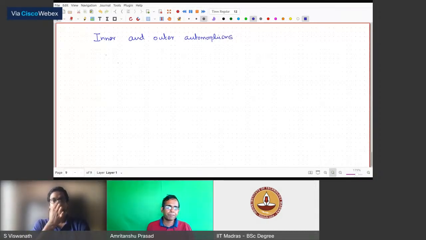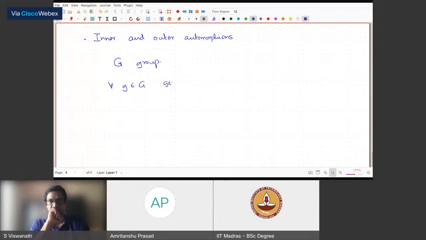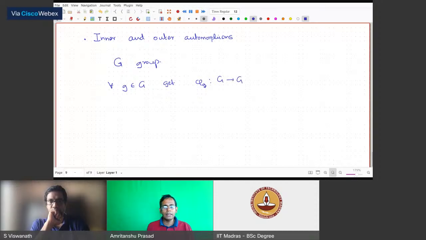So what is this? So if G is a group, then for every g in G, we get an automorphism phi sub g from G to G, called the inner automorphism corresponding to g, where phi sub g of x is g x g inverse.